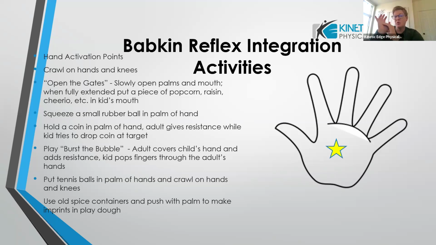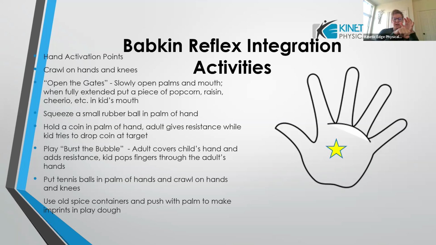Squeezing toys, a rubber ball in the palm of the hand, again, just to give that sensory input into the palm. Sometimes we'll have kids crawl, maybe holding a small object in their hand to just give a little bit more input while they're crawling.